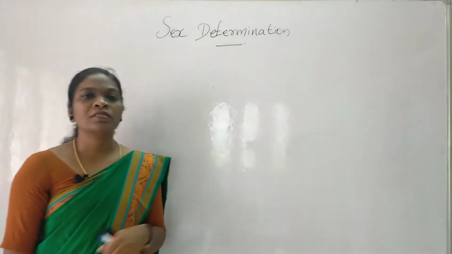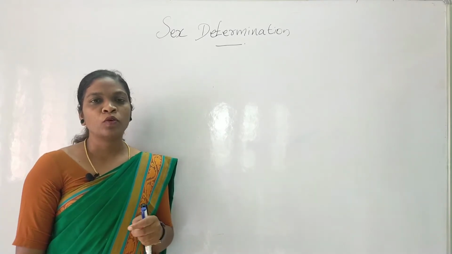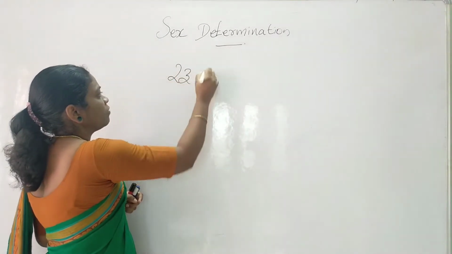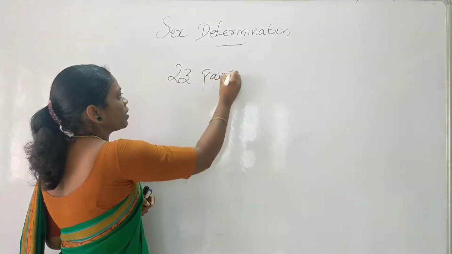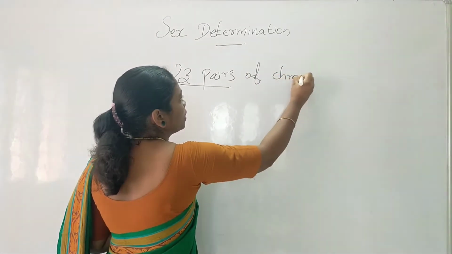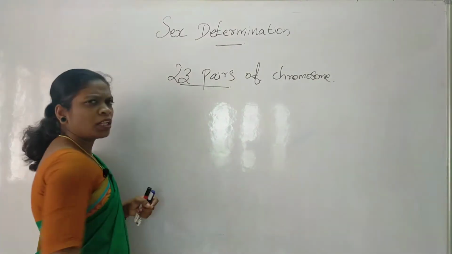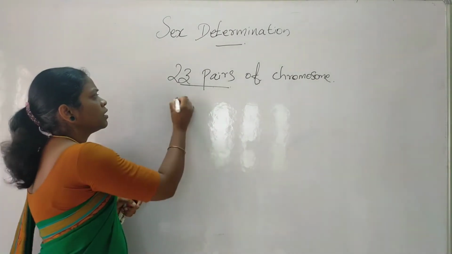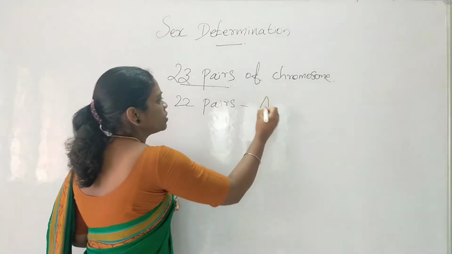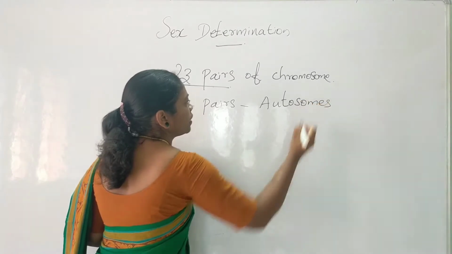Before knowing about sex determination, we should know the differences between the chromosomes. In human, there are 23 pairs of chromosomes present. Among these 23 pairs, the 22 pairs of chromosomes are known as autosomes.